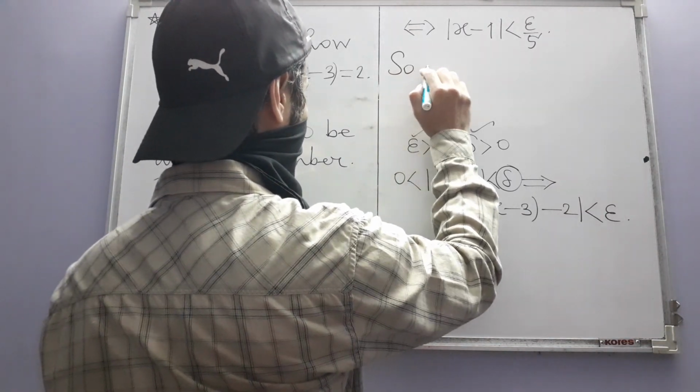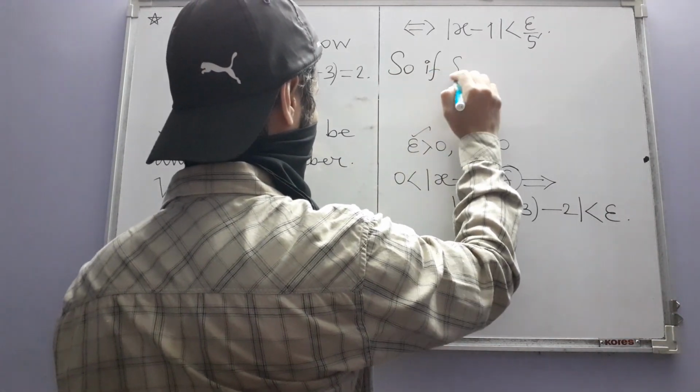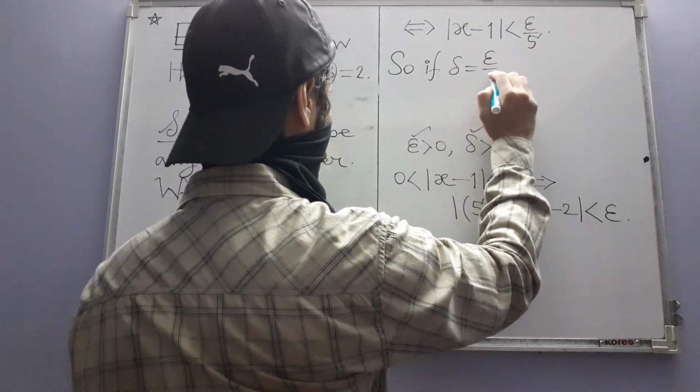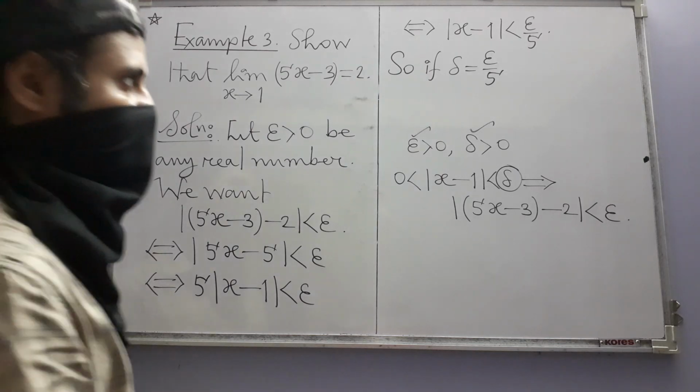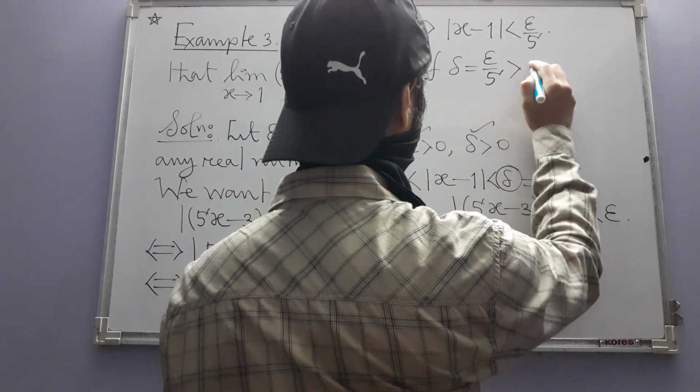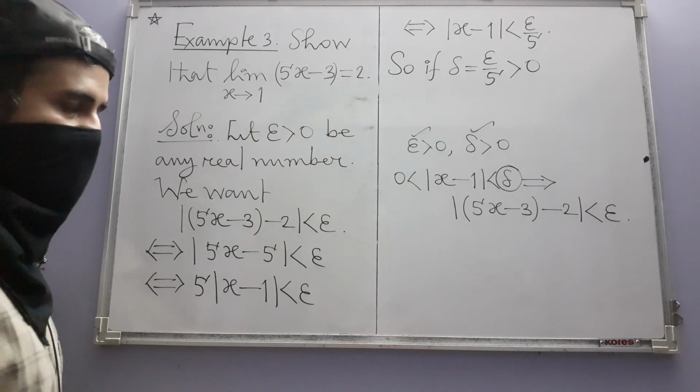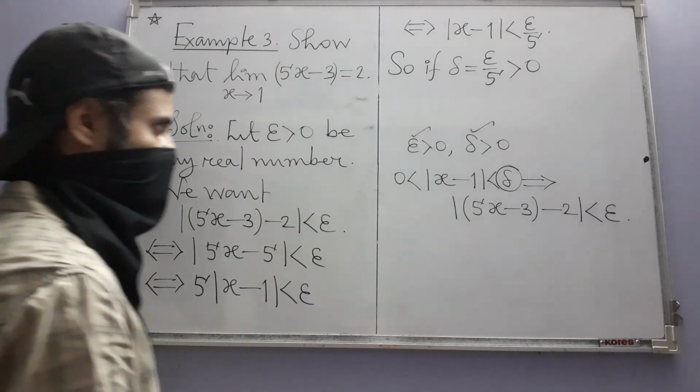So if delta is chosen to be equal to epsilon over 5, then the first thing we notice is that of course delta is positive because epsilon is positive, and 5 of course is also positive.